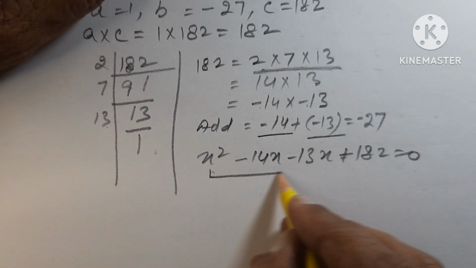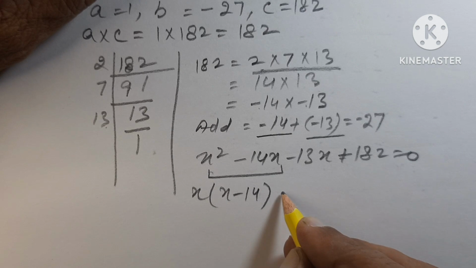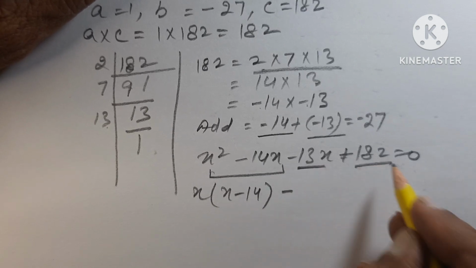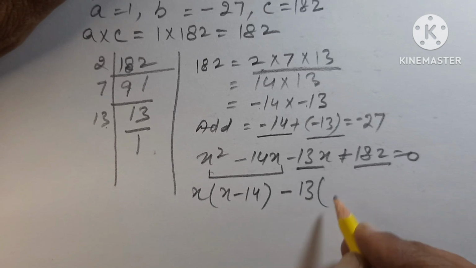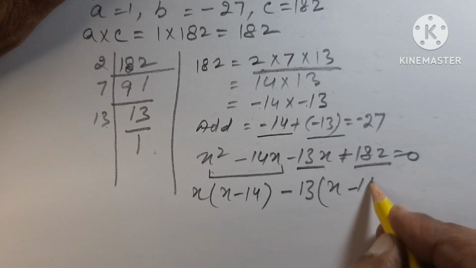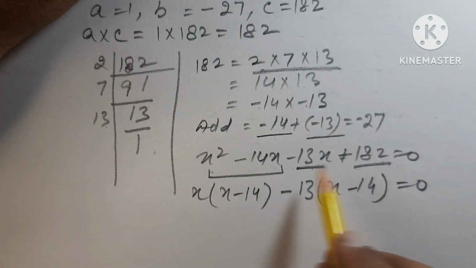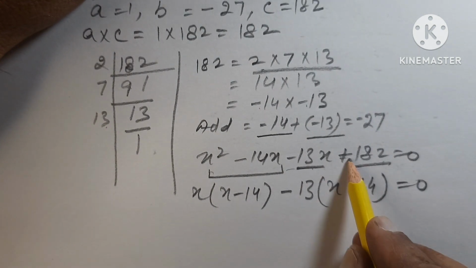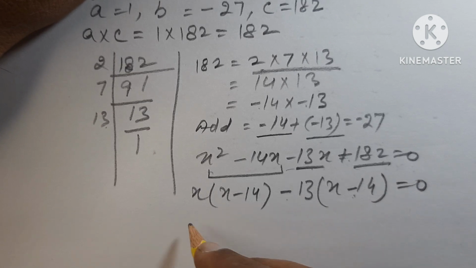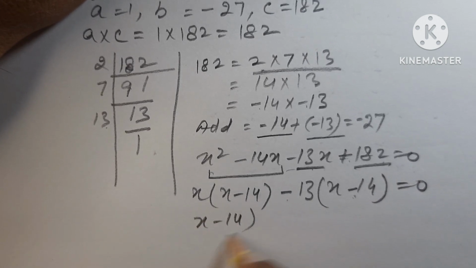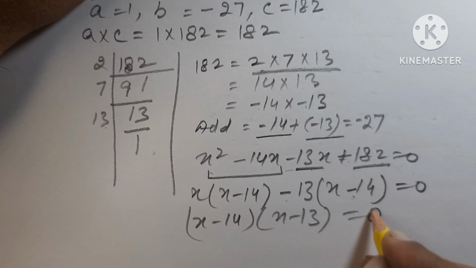So from here what is common? x is common, x minus 14. From here 13 is common, so this is minus 13 outside, and x minus 14 will be inside, equal to 0. See the sign, this is plus. I have written minus because of the minus outside. That means x minus 14 into x minus 13 is equal to 0.